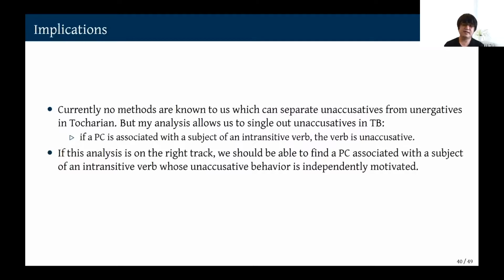And this is significant because currently no methods are known to us which can separate unaccusatives from unergatives in Karion. But my analysis allows us to single out unaccusatives in Karion B. So if a PC is associated with a subject of an intransitive verb, then the verb is unaccusative. And if this analysis is on the right track, then we should be able to find a PC associated with a subject of an intransitive verb whose unaccusative behavior is independently motivated.